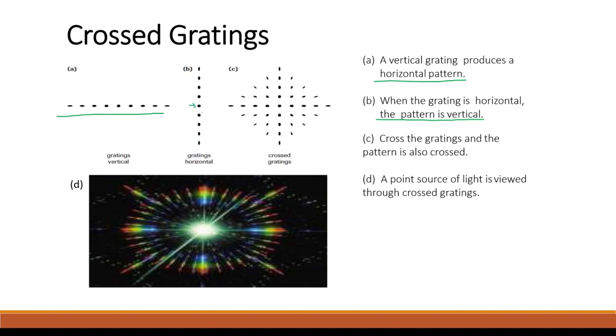This is our bright central maxima, order 1, order 2, order 3, and so on. If we cross the gratings, the pattern is also crossed. So if we put the two together, vertical and horizontal gratings, we get this type of pattern.